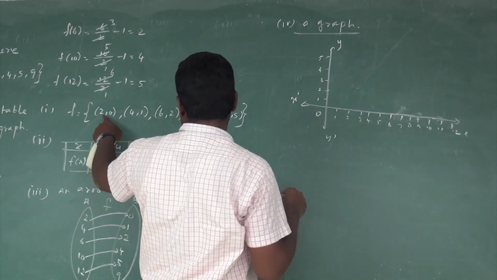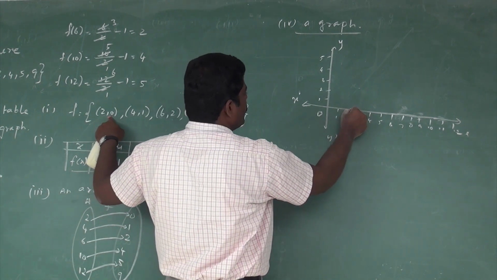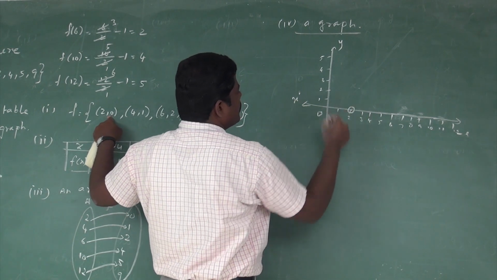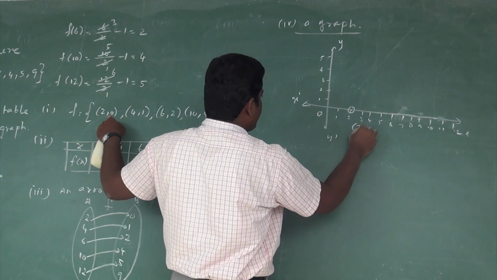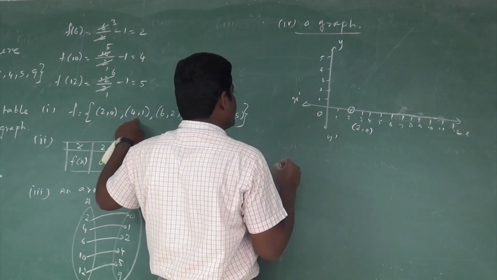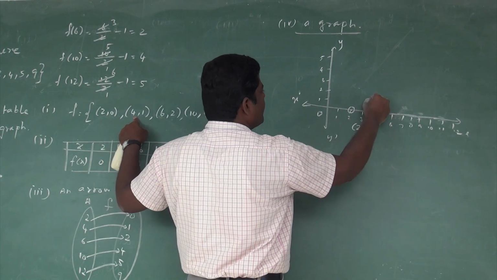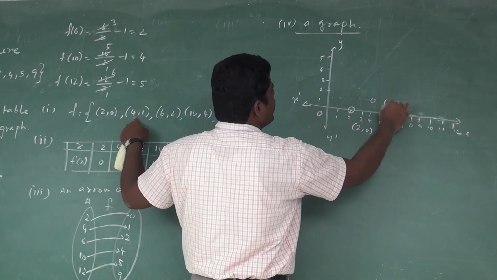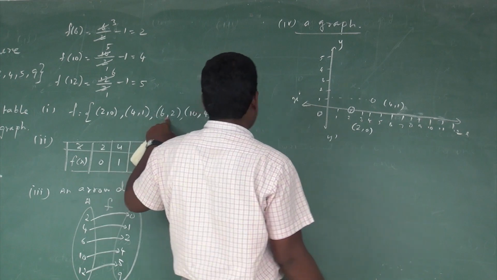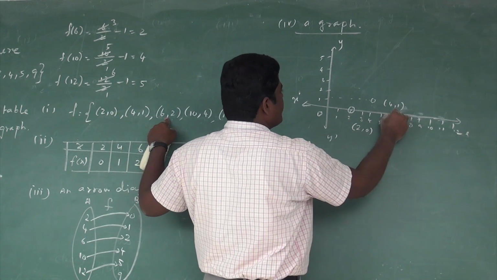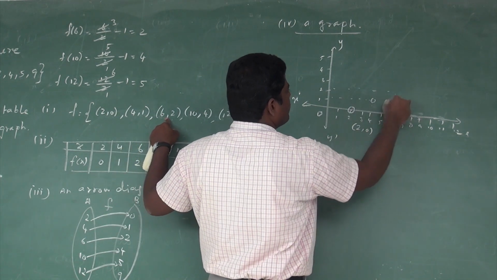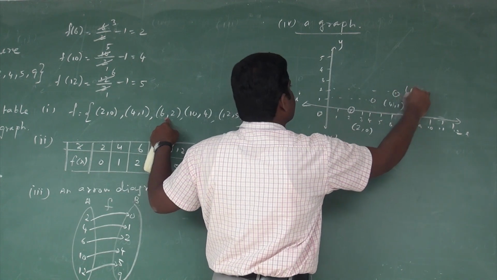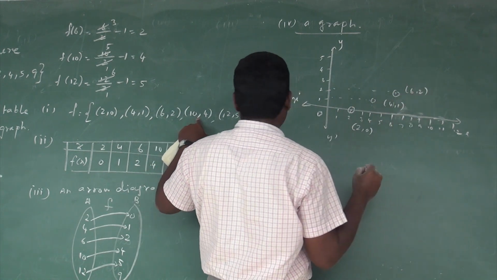So first point is 2, 0. Next, second point is 4, 1. X 4, y 1. Third point is 6, 2. X 6, y 2. Next, fourth point is 10, 4.